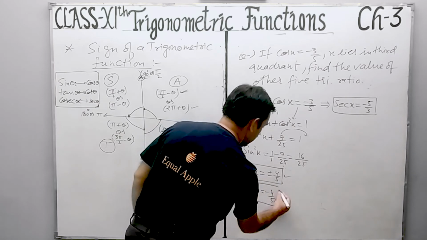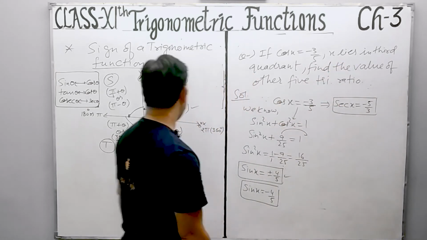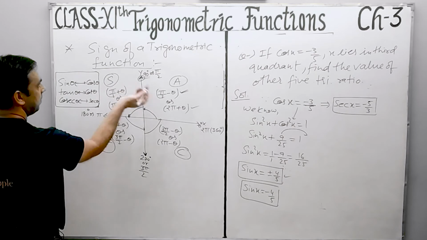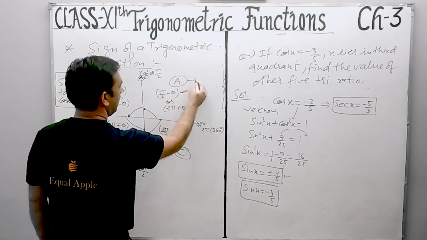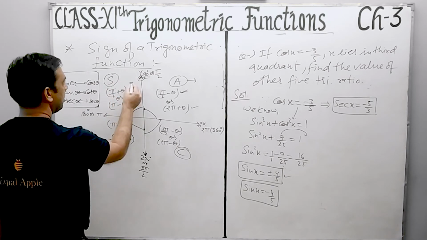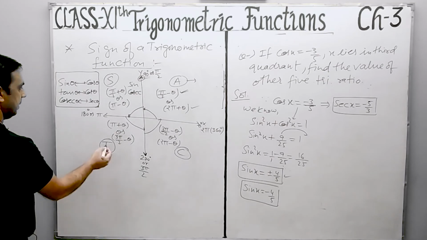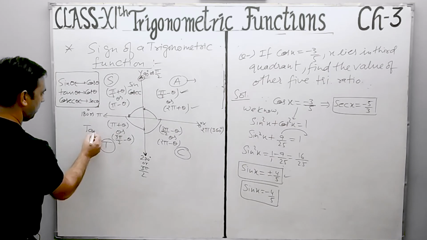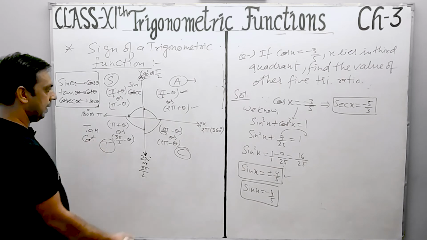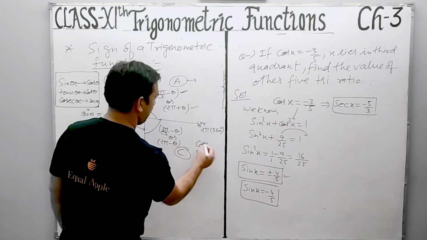Why? Because we know that the angle is in the third quadrant. In the first quadrant all trigonometric ratios are positive, in the second S for sine and cosec is positive, in the third T for tan and cot is positive, and in the fourth C means cos and sec is positive.